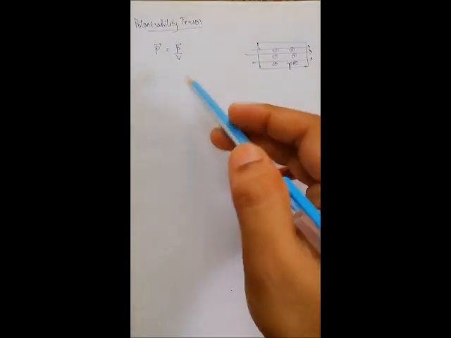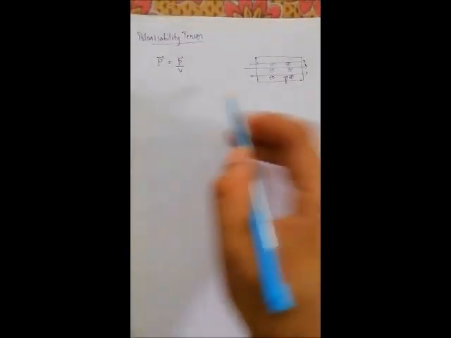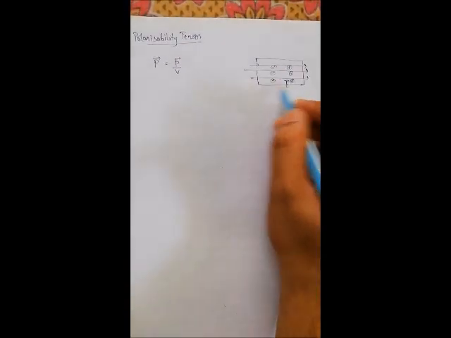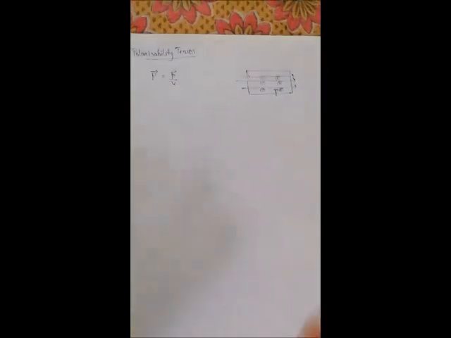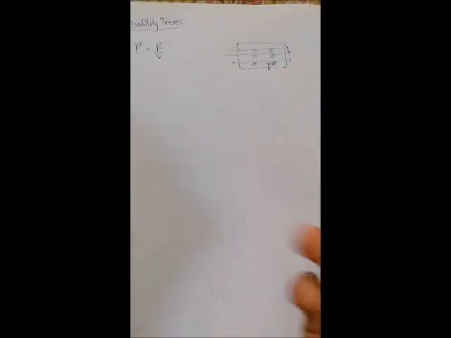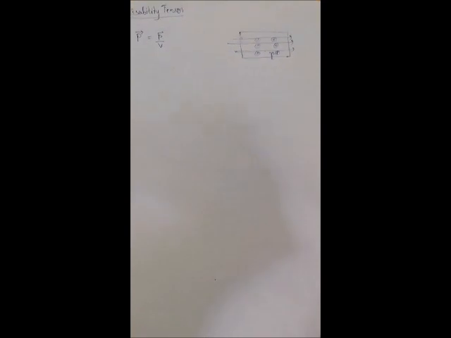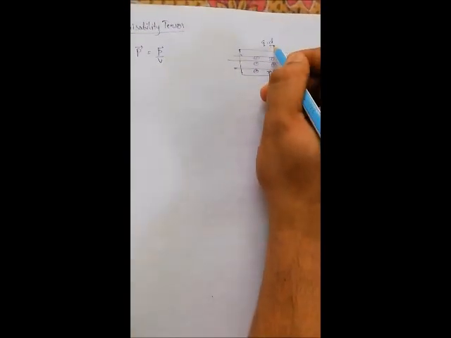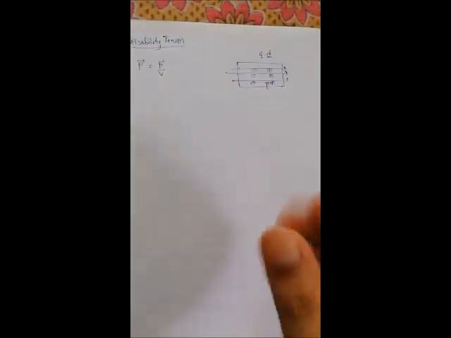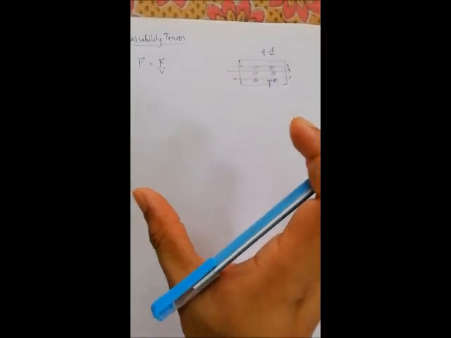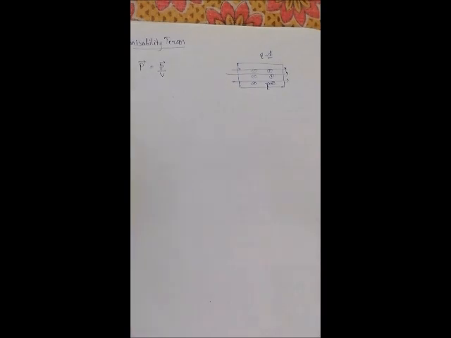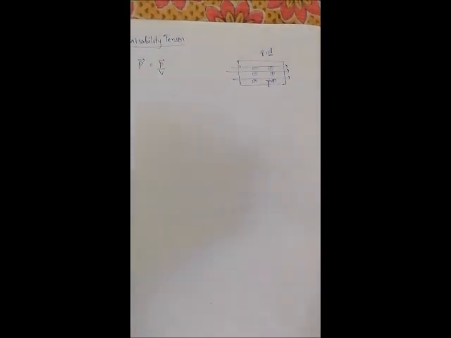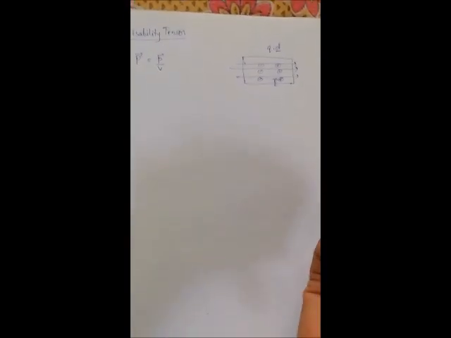As you can see, the more we apply electric field, the more the charges will get separated, and the more the dipole will be induced. The dipole is given by q into d. So the more the separation between the charges increases, the more the dipole moment increases, and thus the dipole moment induced is proportional to the electric field applied.